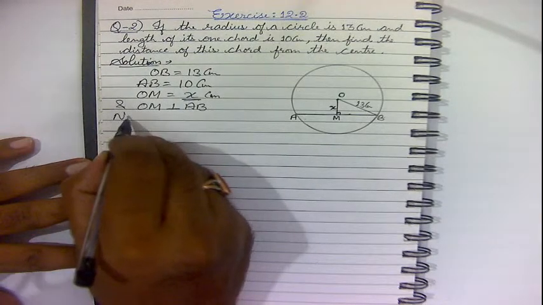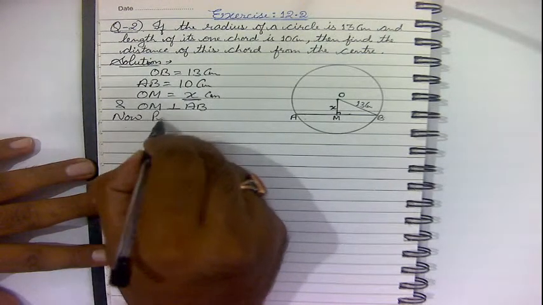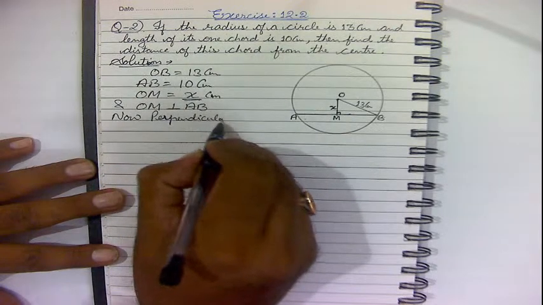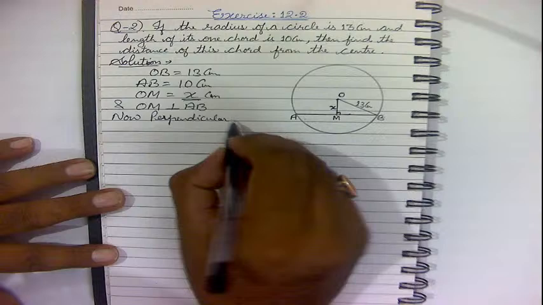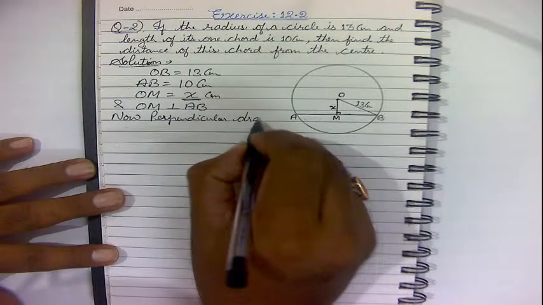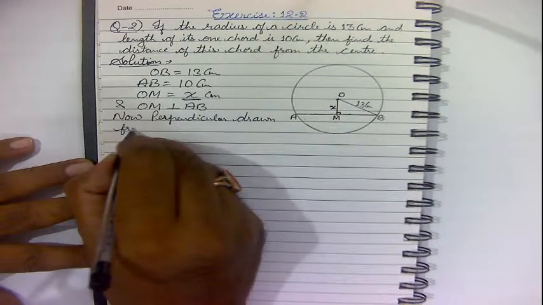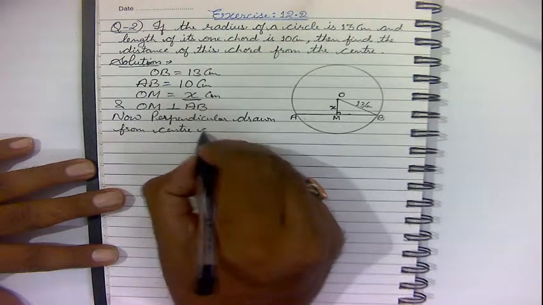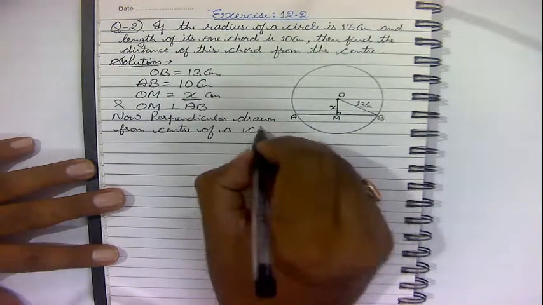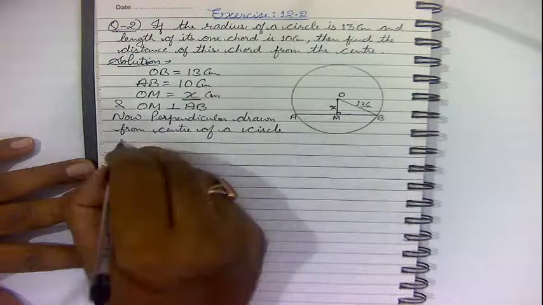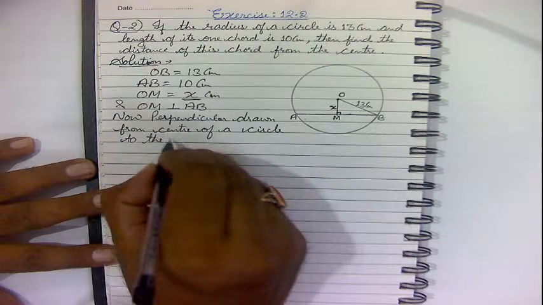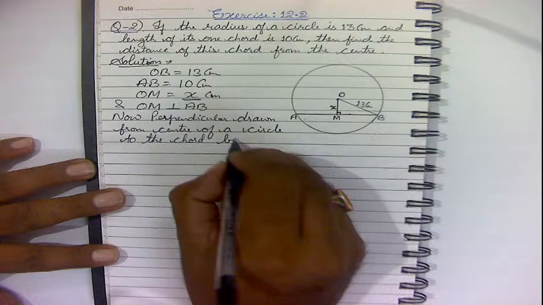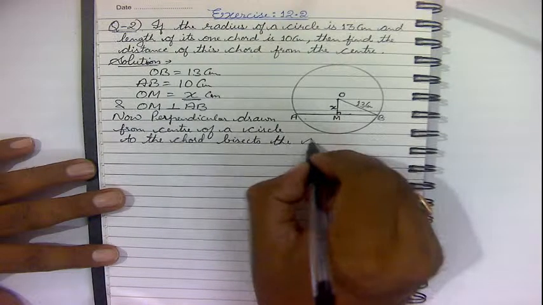Now, perpendicular theorem we have done. Theorem की है हमने, perpendicular drawn from center of a circle to the chord bisects the chord.